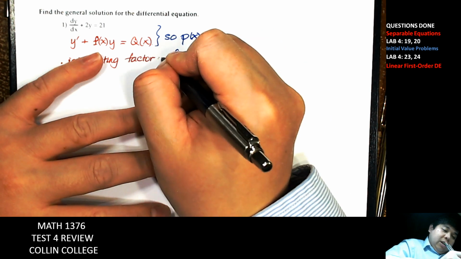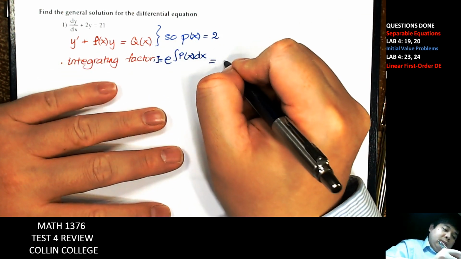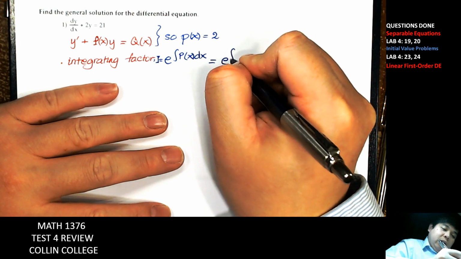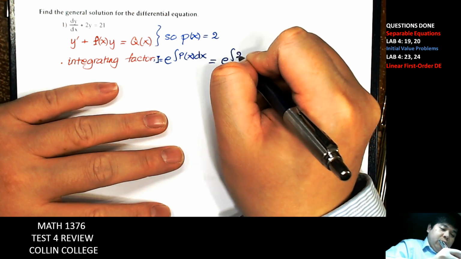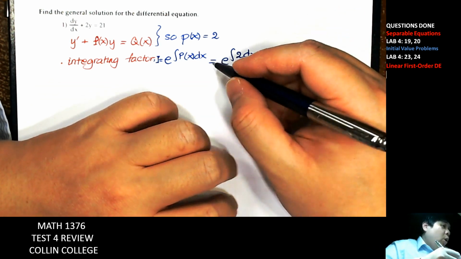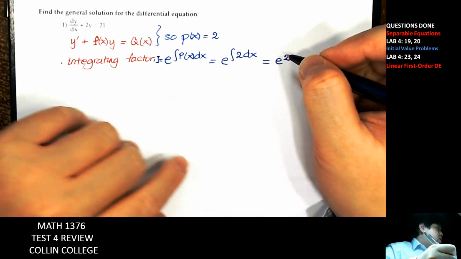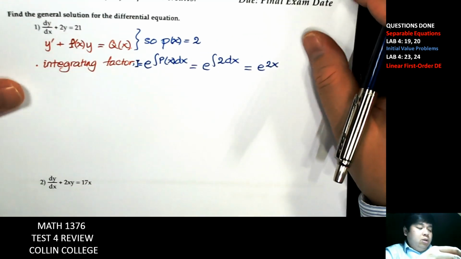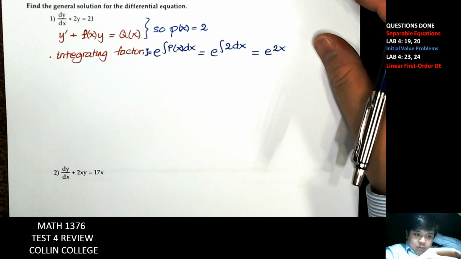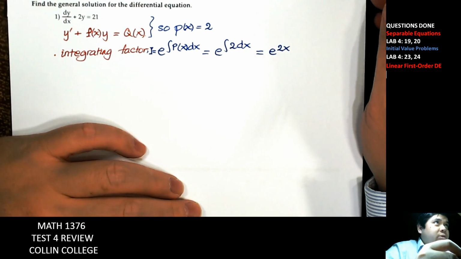That would be I. e to the integral of 2 dx. Integral of 2 will be just 2x. So we found the integrating factor.